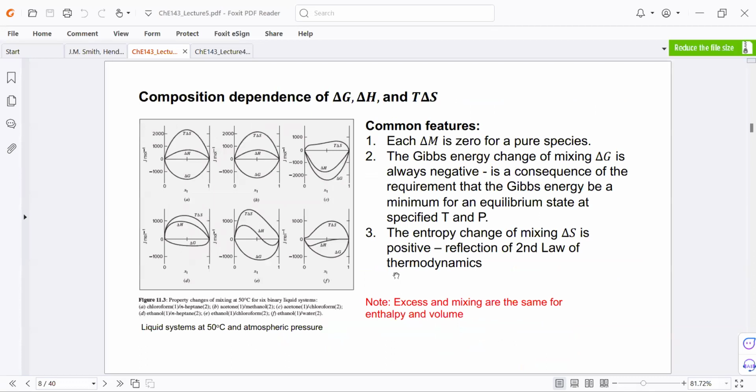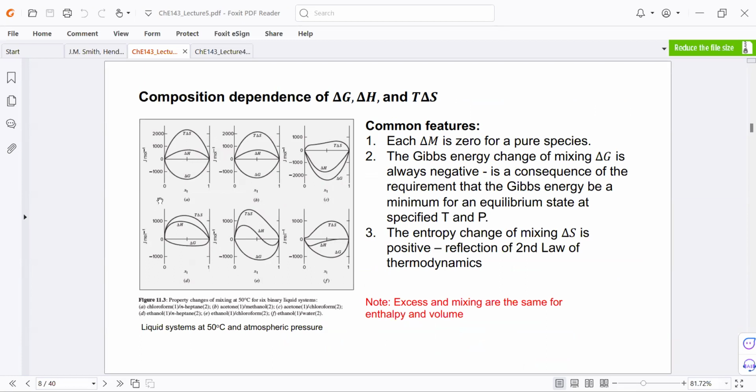Next, we discuss the common features of the composition dependence of the change in Gibbs free energy, change in enthalpy, and T multiplied by the change in entropy.